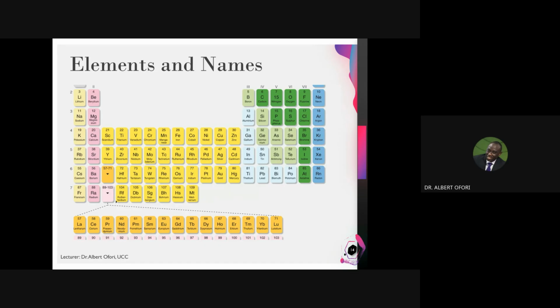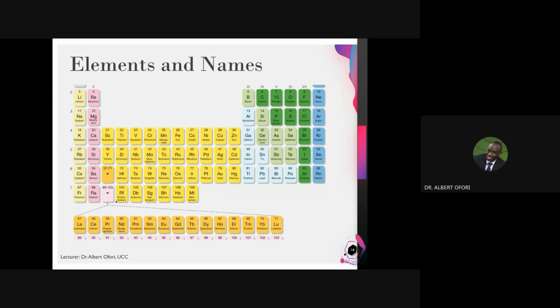For metals, reactivity is going to be increasing as you go down the group, and it will also be increasing across the period. For non-metals, it is just going to be decreasing. Are we okay? Yes, sir. Okay.